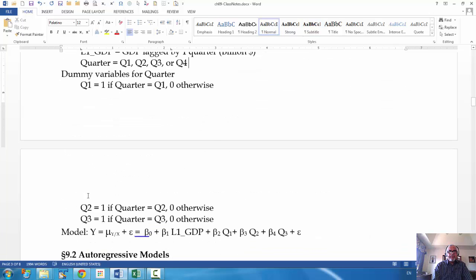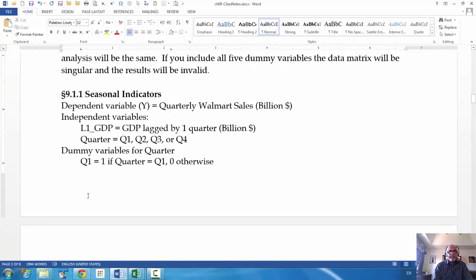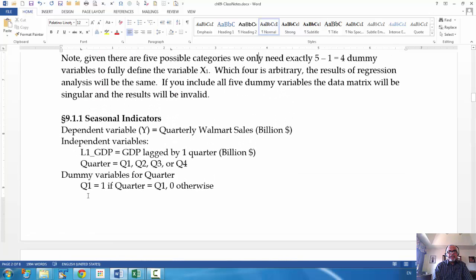Okay, so in this example, we're going to use the dummy variable concept to define which season a particular data observation belongs to. So you can use indicator variables to indicate which season a particular value belongs to.